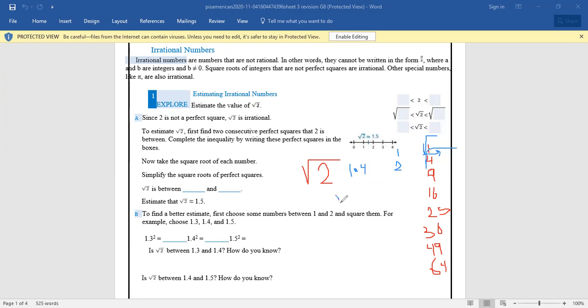So I can write here: root 2 is bigger than root 1 and smaller than root 4.